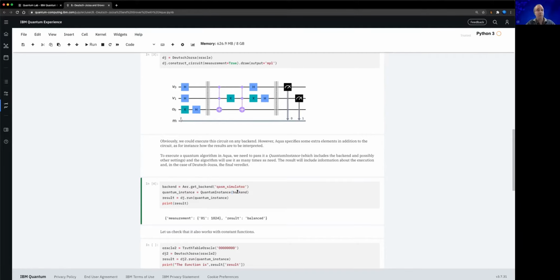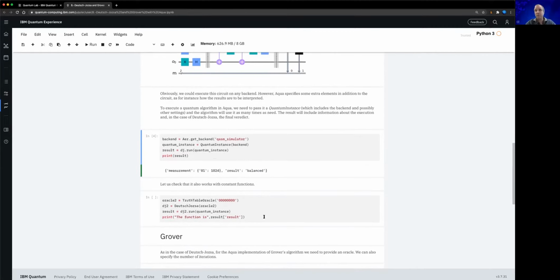But the idea is that we provide some backend encapsulated in this quantum instance to the algorithm, and the algorithm uses this quantum instance as many times as it needs, and it computes the outputs, and from these outputs, it gives some result, which in this case is whether the function is constant or balanced. This is convenient because I can forget about the details of the implementation. I can just provide the input and check the output for my particular case.